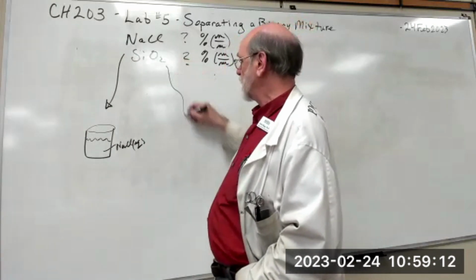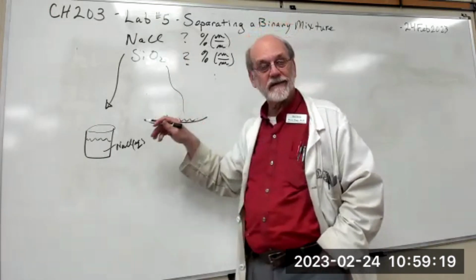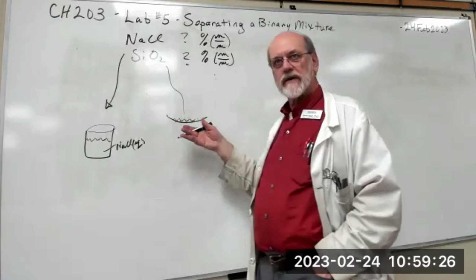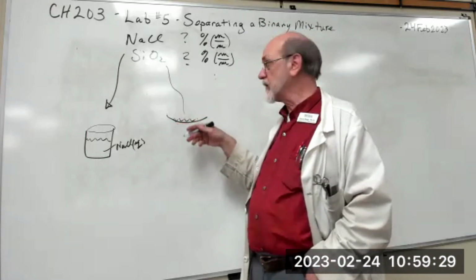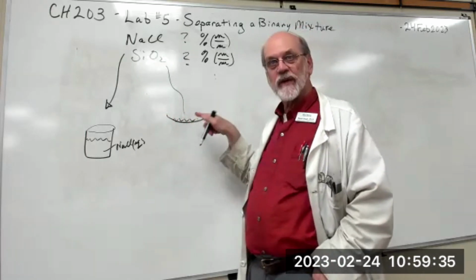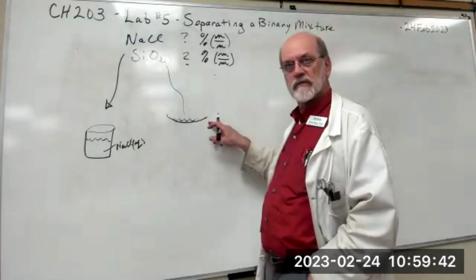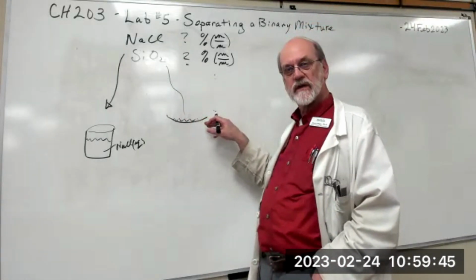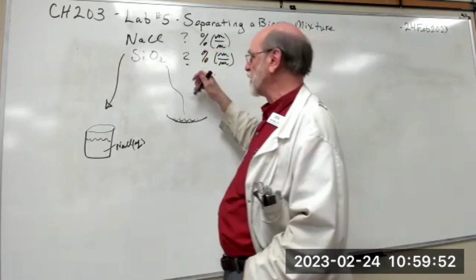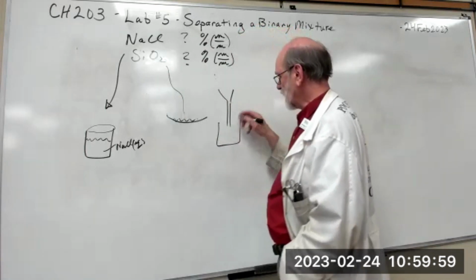How about this one? This one is in the filter paper. So you got something in the filter paper, but it's wet. So you dry it. How do you know what the mass of the silicon dioxide, the sand, is once you dry it? You got to know the weight of the filter paper. In fact, you want to know the weight of the watch glass too, just in case some of it spills over onto the watch glass. So you're going to have the mass of the watch glass and the mass of the filter paper together first. Then you put it in the funnel, and the liquid goes through.